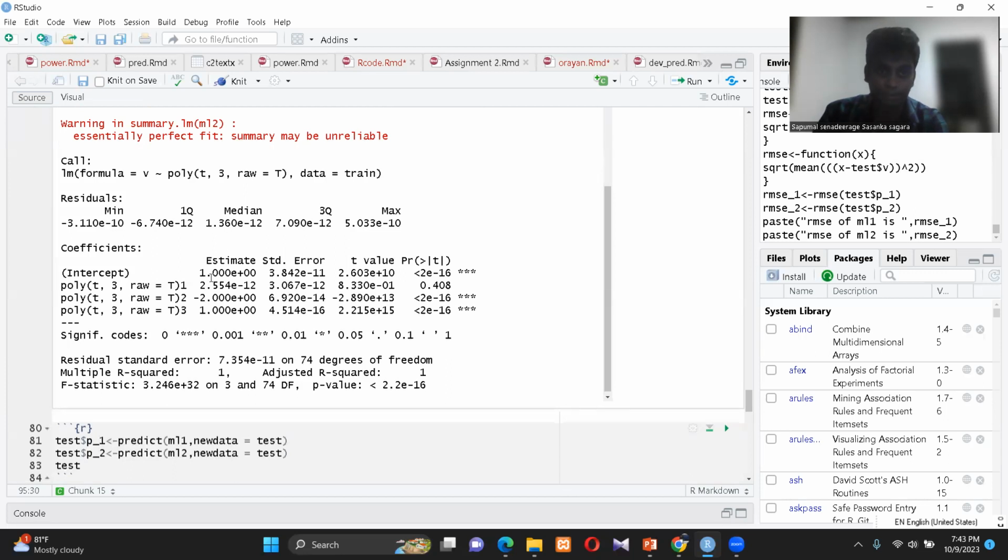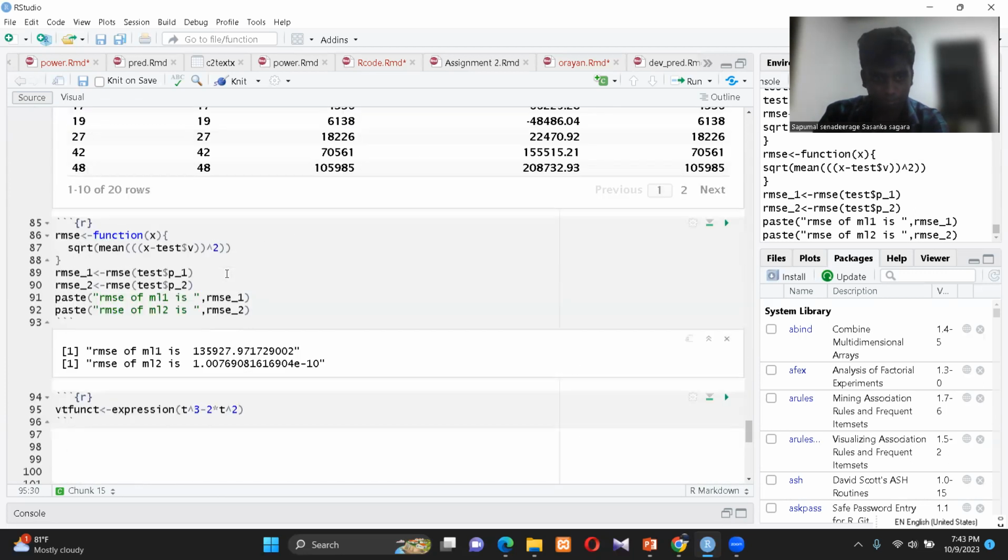Yeah, I think it is plus 1, right? This is the VT function.